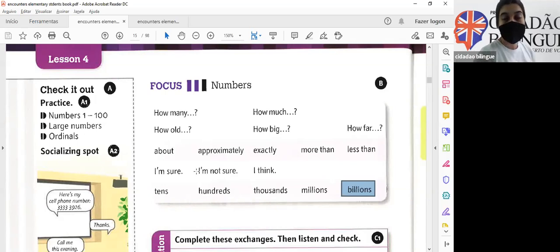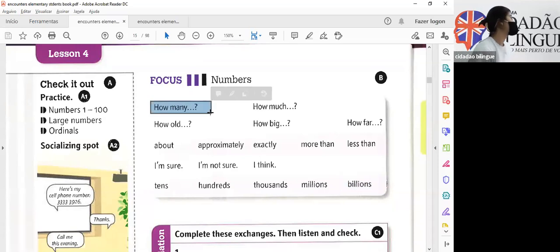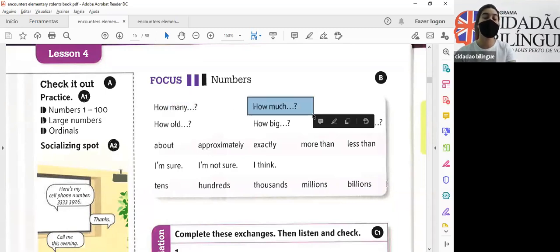All right. Okay, you guys. So let's see from the context what these mean. Okay, how many? What's the meaning? Countable or uncountable? Countable. How many? Countable. How much?